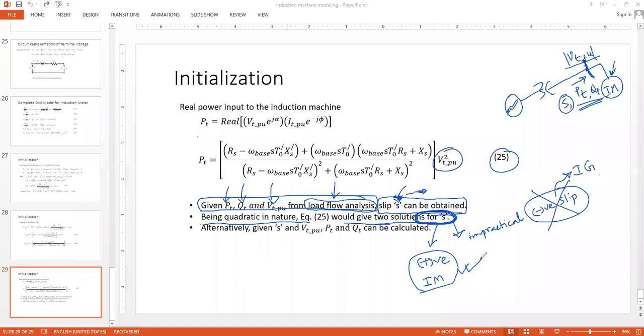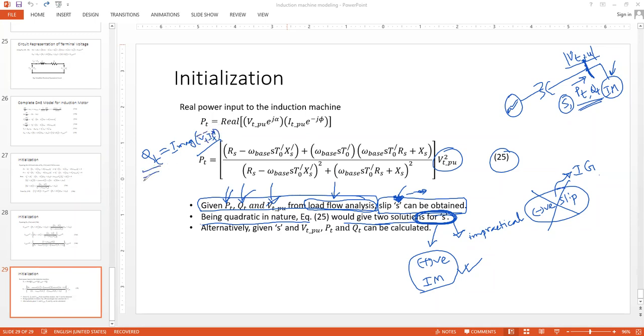So this S can be obtained once you know PT, QT, and VT. PT, QT would have some other expressions, of course. QT would be the imaginary part of VT times IT conjugate phasor.